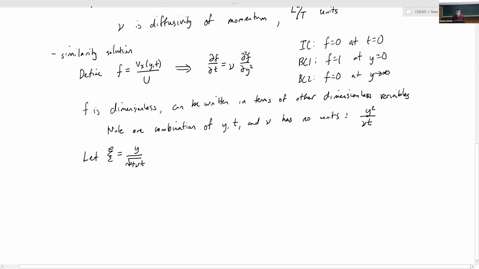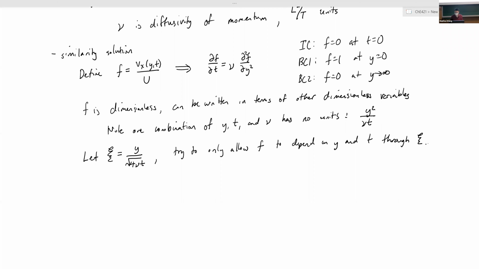The 4 doesn't matter, it's just an order 1 constant, also dimensionless. And we'll try to only allow f to depend on y and t through xi here.